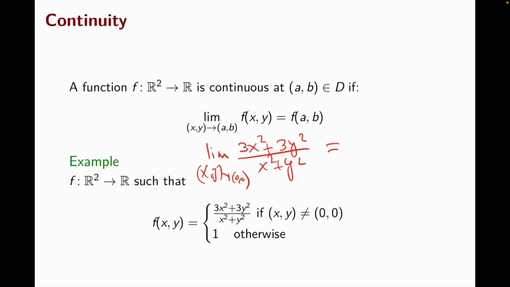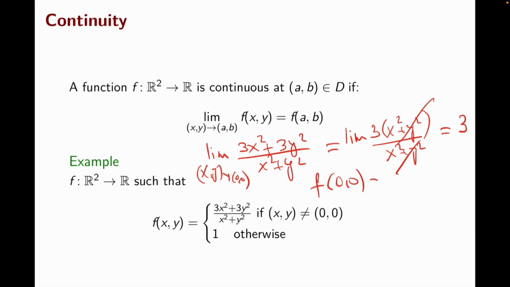This is 0 over 0, but we can see easily that the numerator is actually 3 multiplied by the denominator. So we can cancel, and we can see that this limit is equal to 3. So we prove that the limit is equal to 3. And the function, how much is f evaluated at (0, 0)?